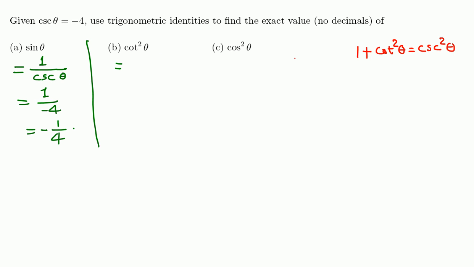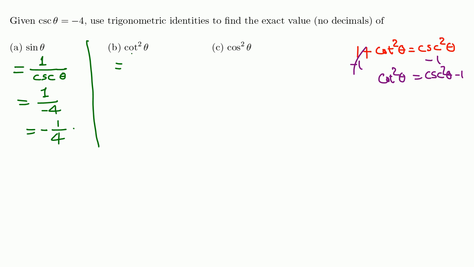Okay, but we need cotangent square. So if we subtract 1 from both sides, we get cotangent square theta, which is cosecant square theta minus 1. So let's use that modified identity now.